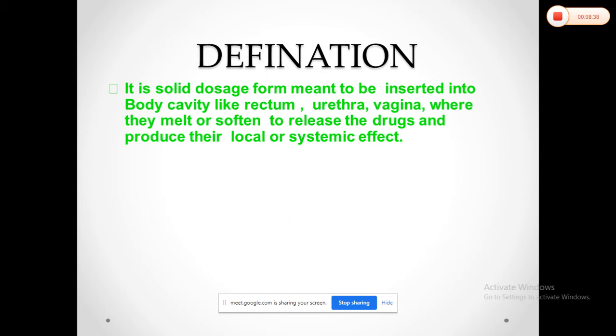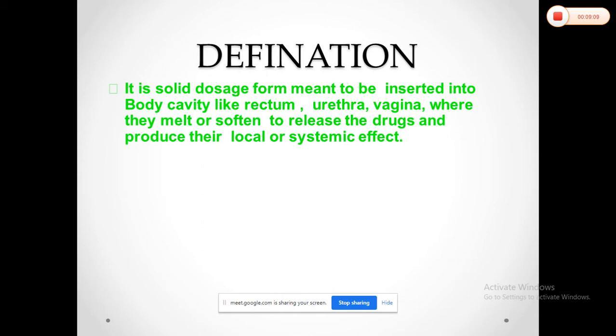So what is a suppository? It is a solid, or stiffened semi-solid, dosage form meant for insertion into a body cavity other than the mouth. That has to be clear, because most of the other dosage forms like tablets, capsules, suspensions and emulsions, except injections, are taken through the oral route.